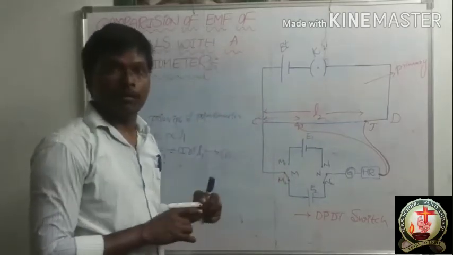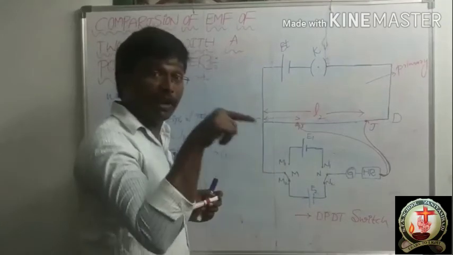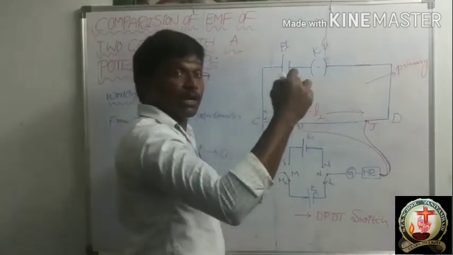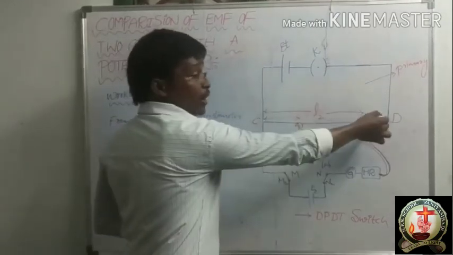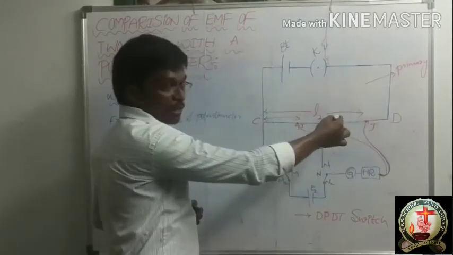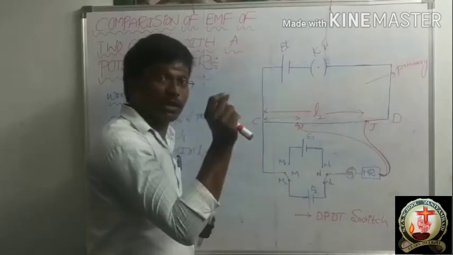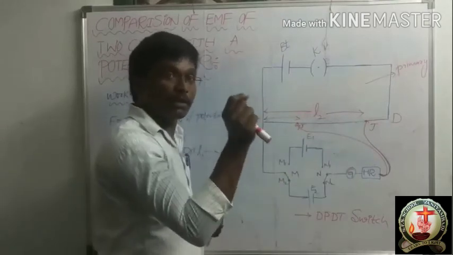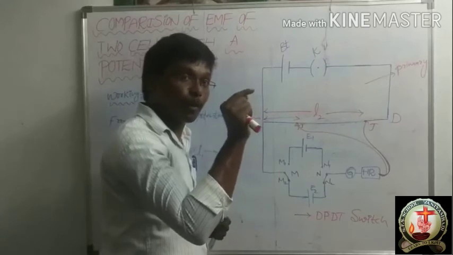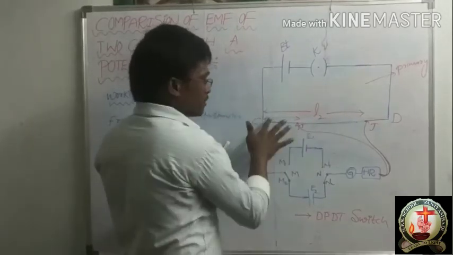When the jockey keeps moving on the potentiometer wire, the galvanometer shows zero deflection at one particular point. At that point you can mark point J. That is the balancing length.